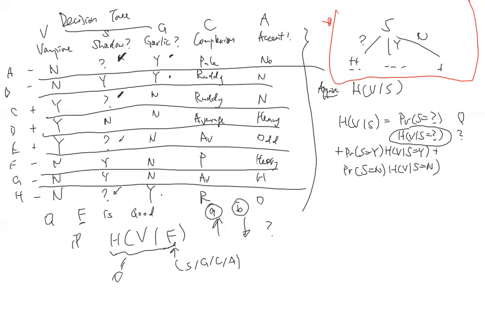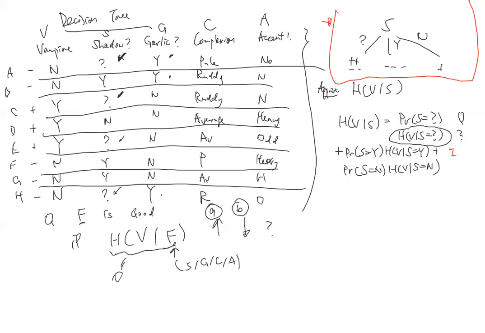So I expect that half of them will be vampire and half of them are not vampire when the feature is unknown, a question mark. So in this case V will be just a uniform distribution with equal probability of vampire, not vampire, right? So it will be simply just one bit.